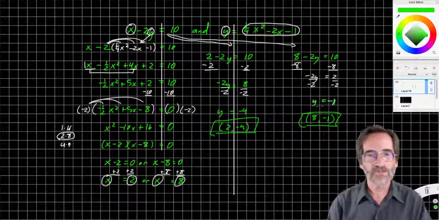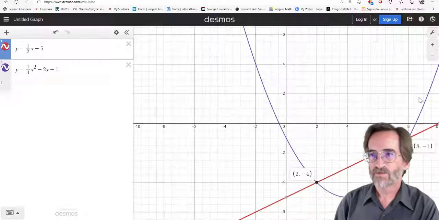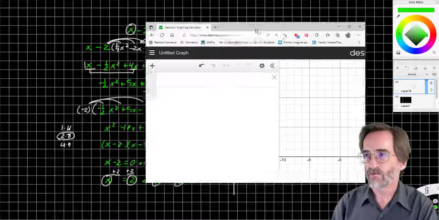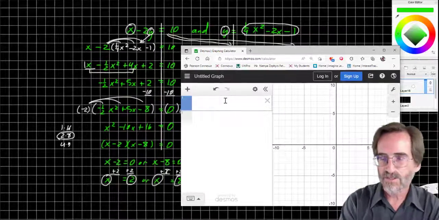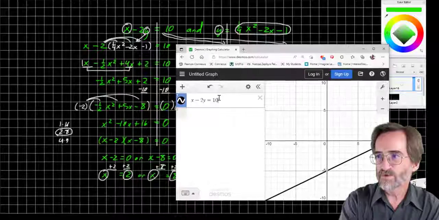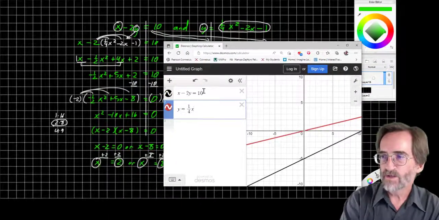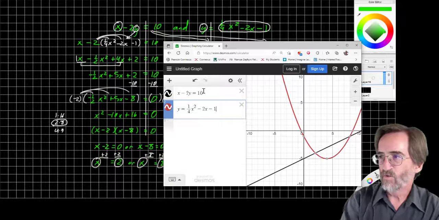Now let me show you in Desmos what that looks like. I've already entered it, but I'll enter it again here. We're going to enter both our equations: x minus 2y equals 10, and y equals 1/4 x squared minus 2x minus 1.